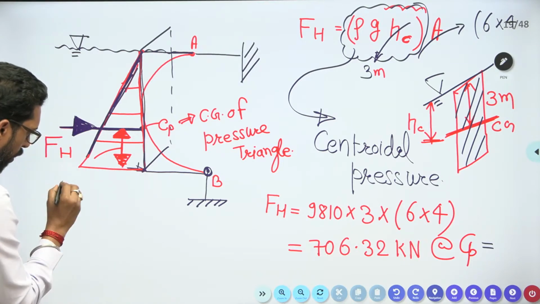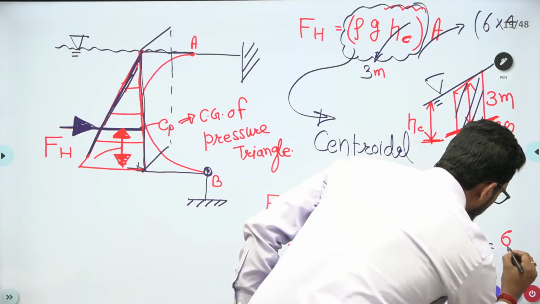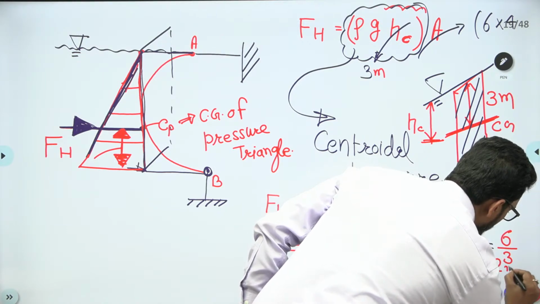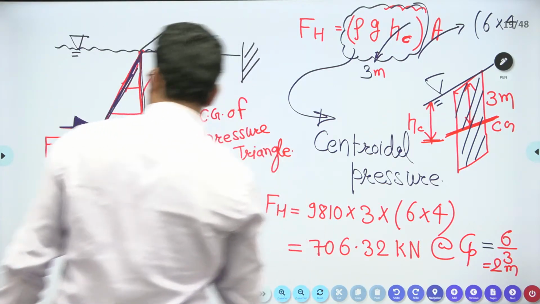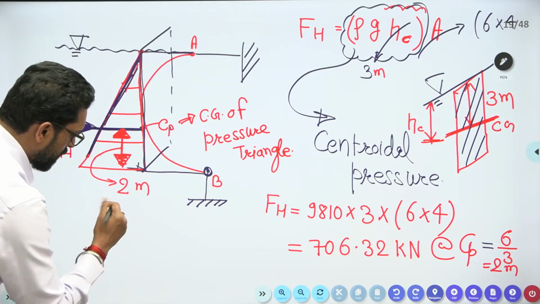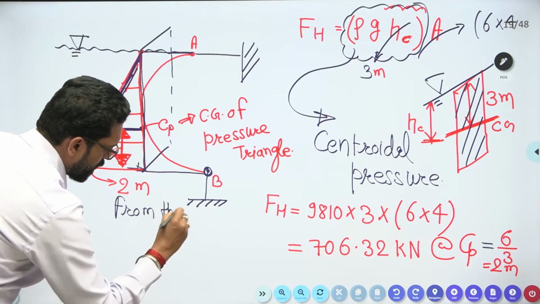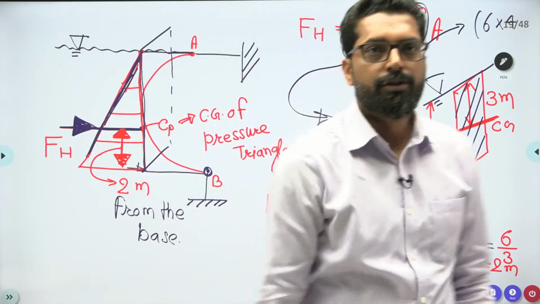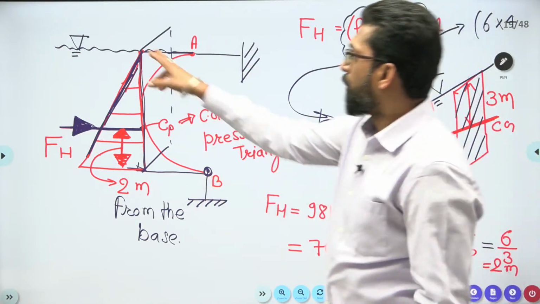That means this is at 6 by 3, that means 2 meter from the base. This is the hydrostatic force. This is your hydrostatic force, h by 3 from the base, from the peak 2h by 3.